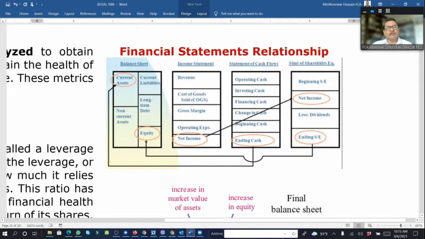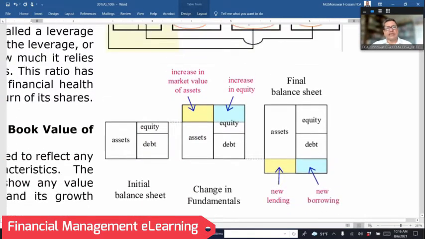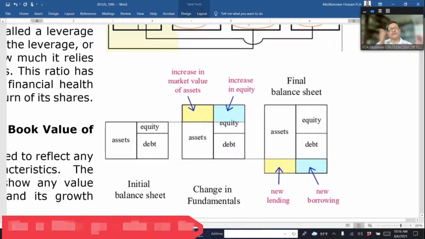Then equity on the balance sheet is part of the ending equity in the statement of stockholders' equity. And net income from the income statement is included in the statement of shareholders' equity. Here it is beginning balance plus net income minus dividends, and then the closing balance. That closing balance must match the equity. This way we can make the relation.